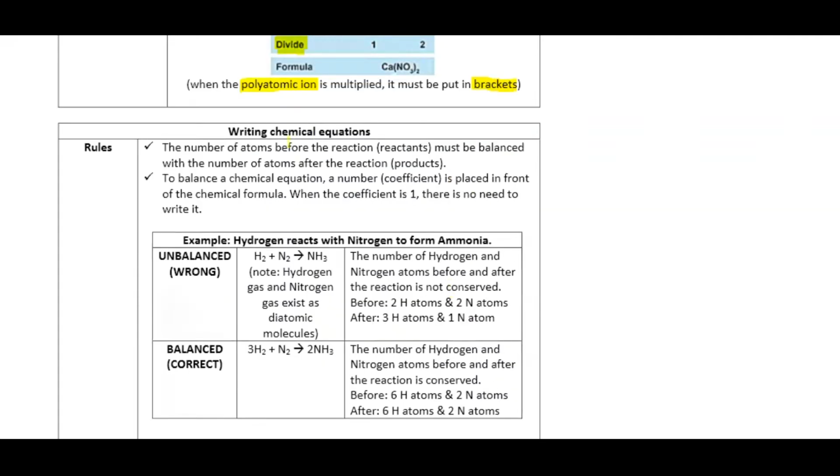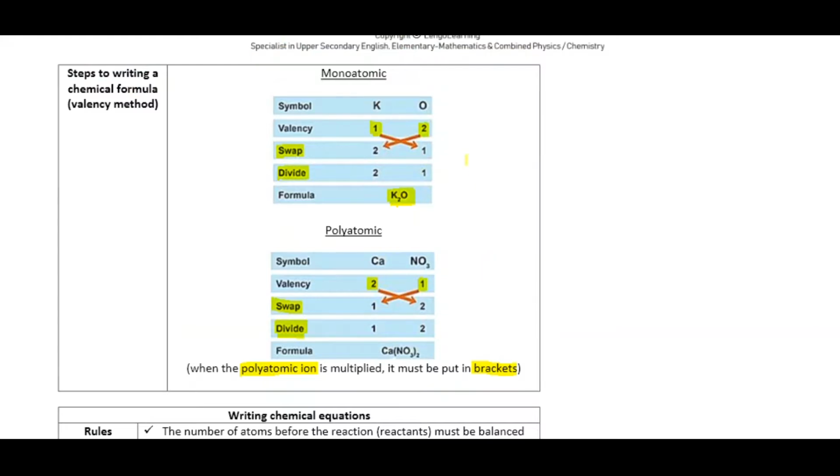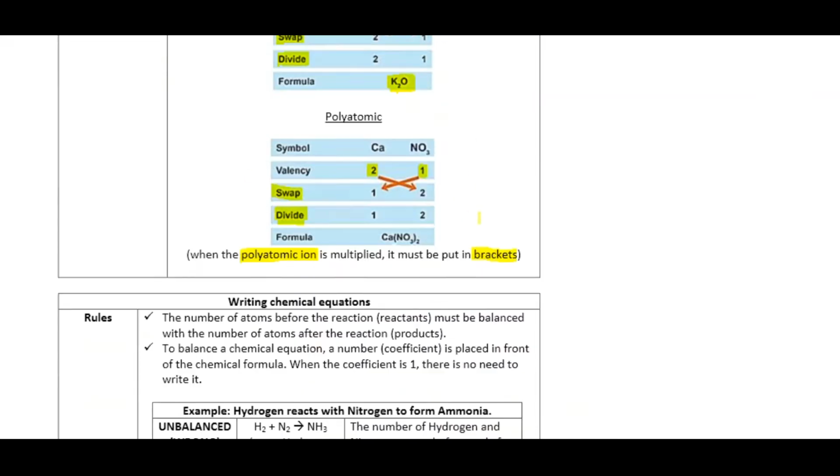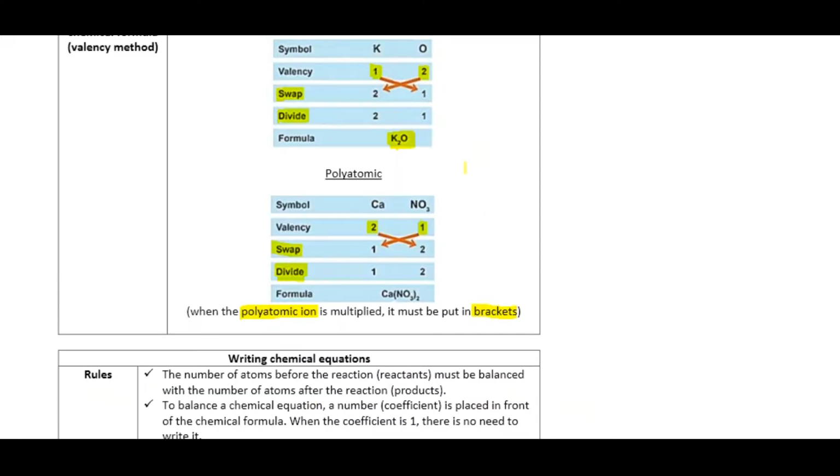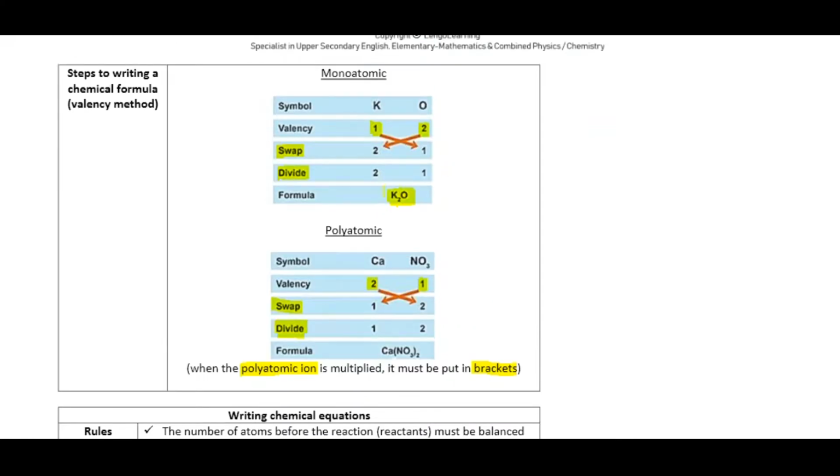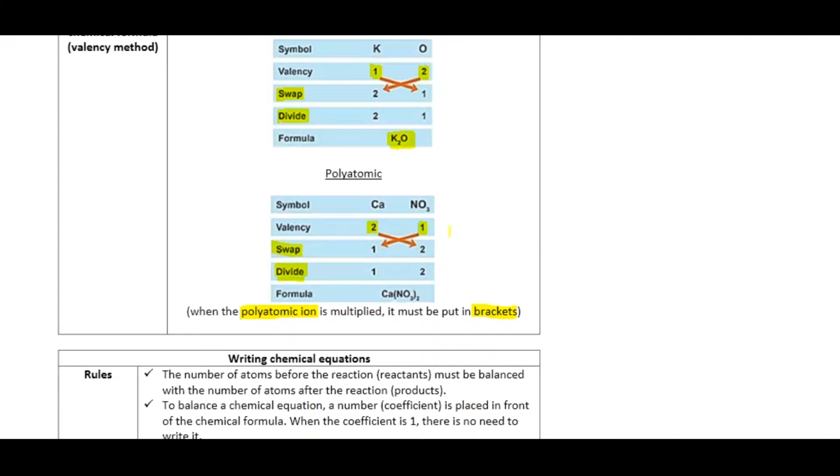So how do we write chemical equations? This is a chemical formula of the substances. Now we'll go into a chemical equation, which shows several substances reacting with each other to give a different set of products, for example.